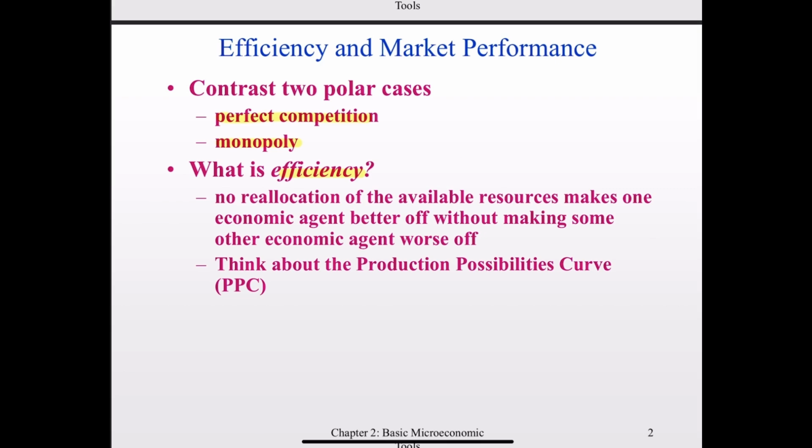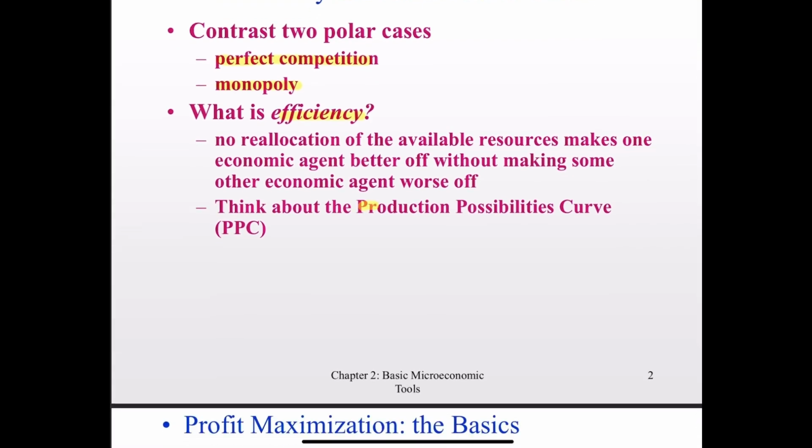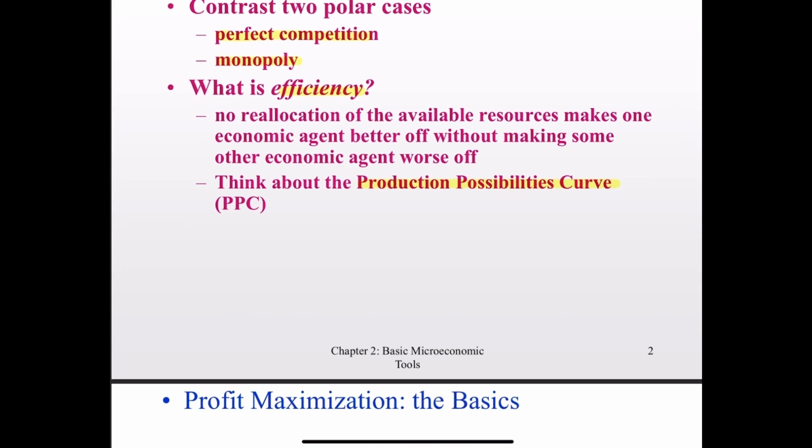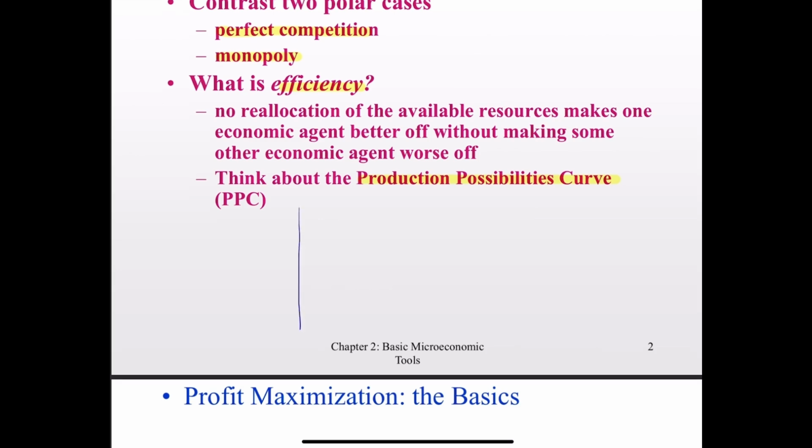In order to visualize this, let's consider the production possibility curve, which is the PPC. Imagine a simple economy that produces only two goods, computers and wheat. The PPC shows all the possible combinations of these two goods that can be produced using all available resources efficiently.